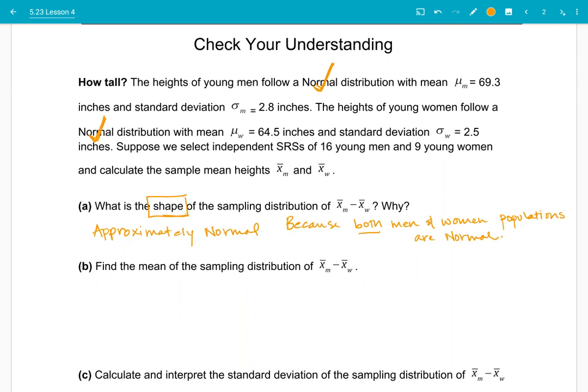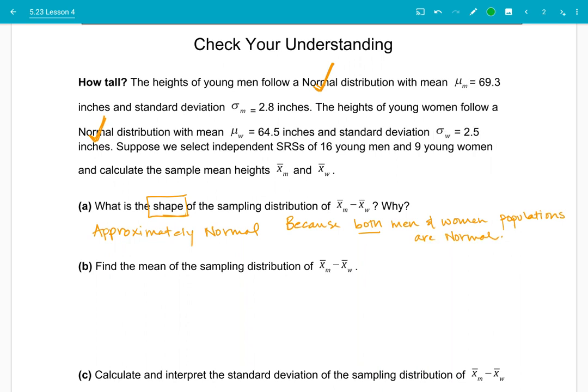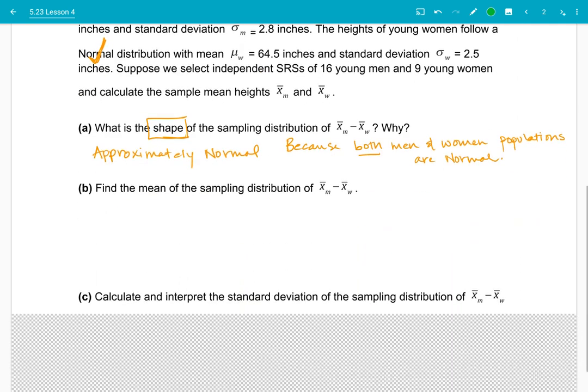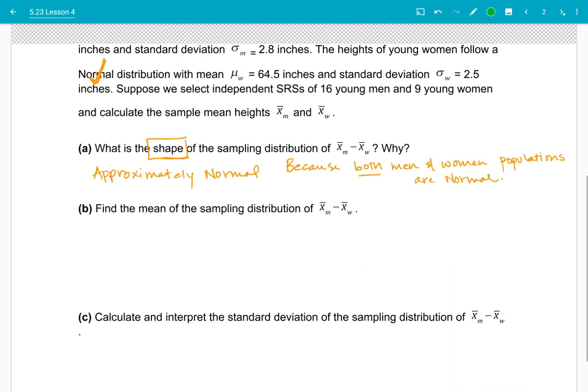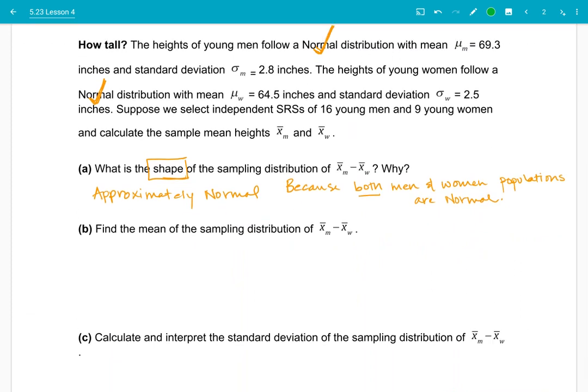Okay. Next part, find the mean of the sampling distribution, x bar m minus x bar w. So we take the mean of the populations and we use those to calculate the mean of the sampling distribution. Okay, back to what we know about sampling distributions.